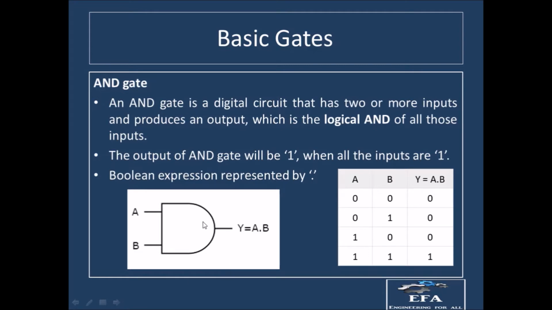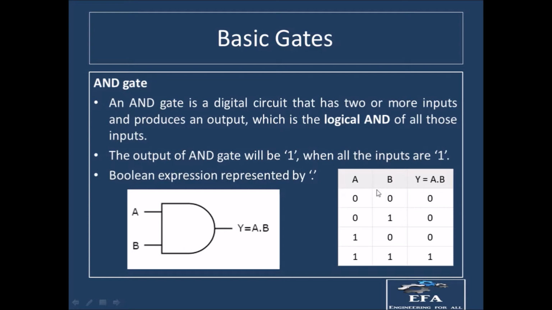When we give the inputs at A and B, there will be some output which is nothing but A dot B. This dot represents the AND function. What will be the value of this Y? It depends upon the values of A and B. This will be clarified from this table, which is known as the truth table.